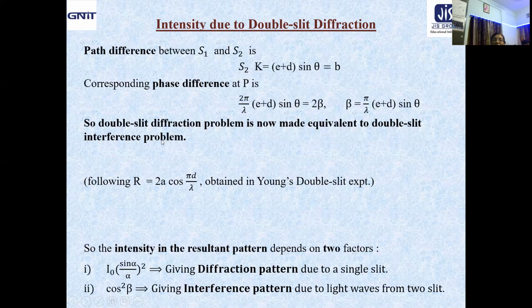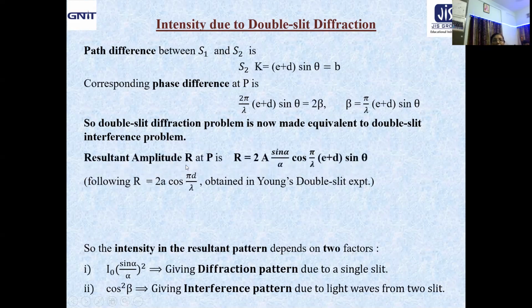Because just like interference, here you have two sources S1 and S2 with their amplitude A sine alpha by alpha, initial phase alpha, and there is a common phase difference to reach the final point on the screen, that is twice beta, and the corresponding path difference is given by delta. So what about the resultant amplitude?